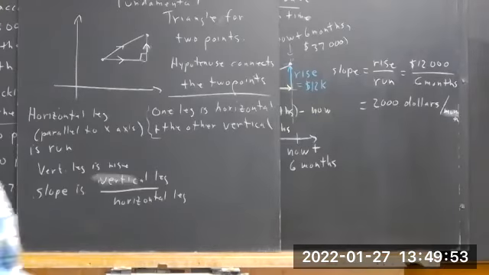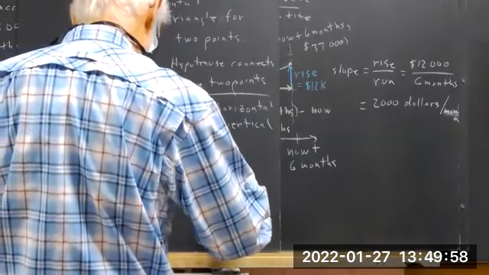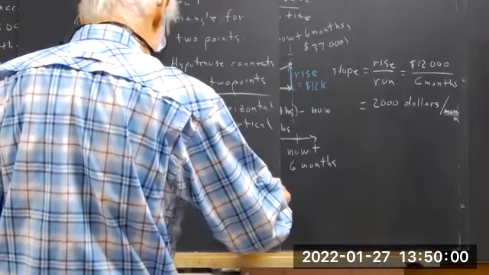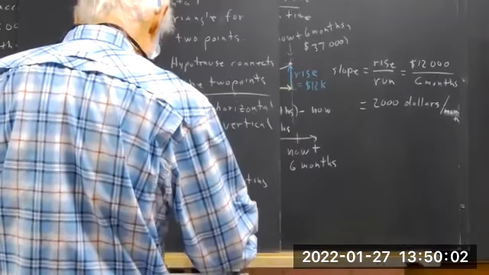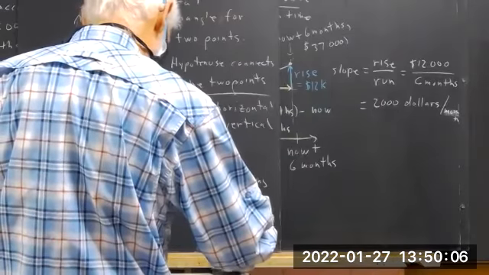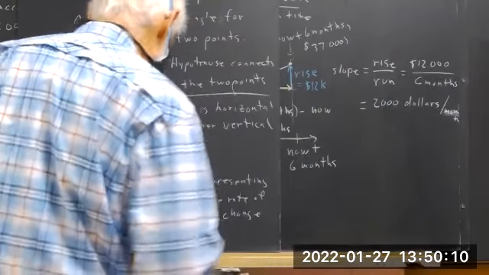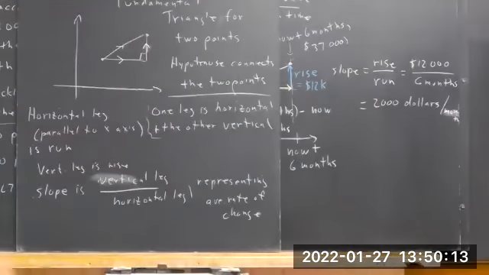And that represents the average rate of change. There's a connection between your average rate of change and your graph.